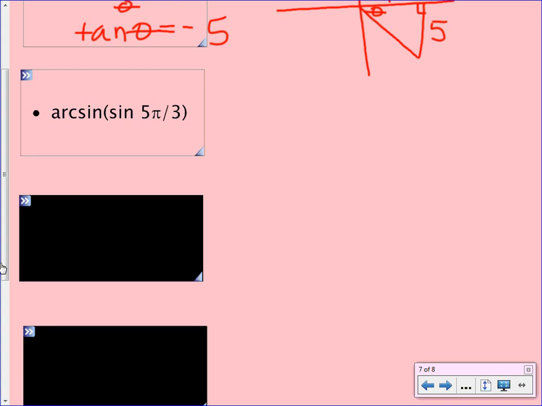Our outside function here is arc sine, so my answer better be between -π/2 and π/2. 5π/3 does not fit that. So we need to work with our inside function and then go out. What is the sine of 5π/3?